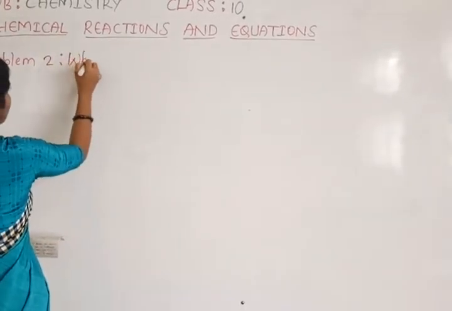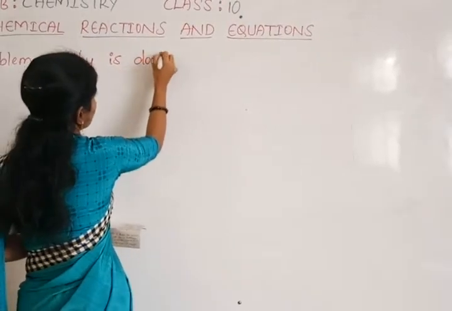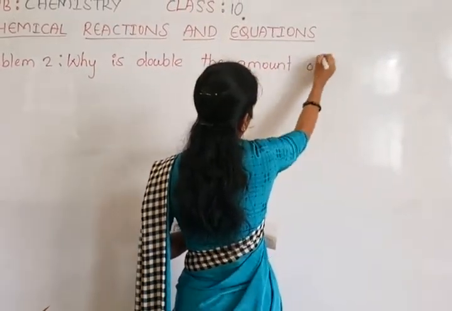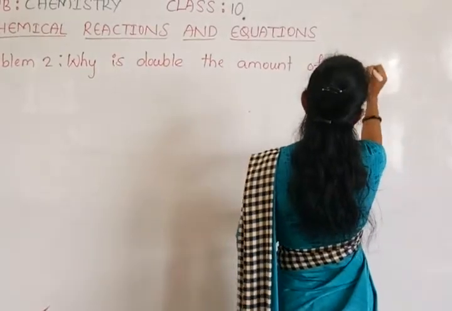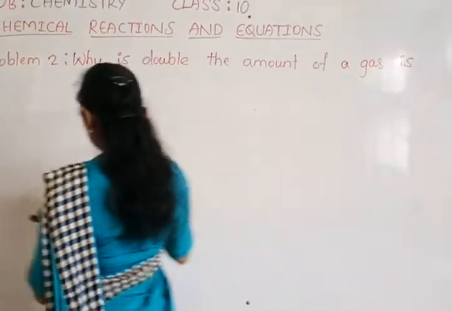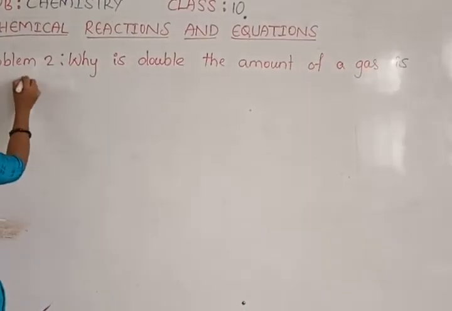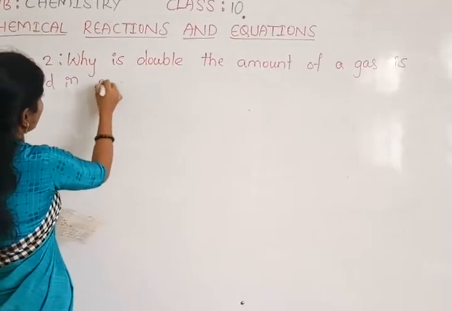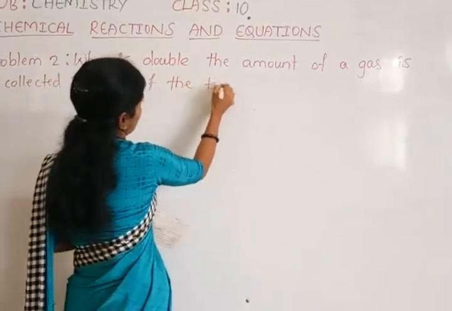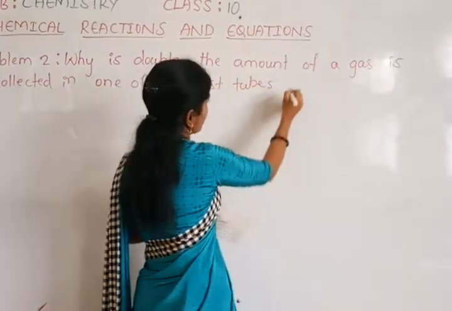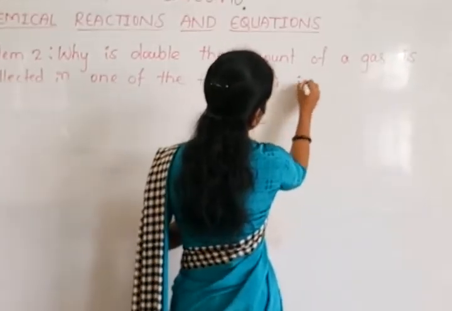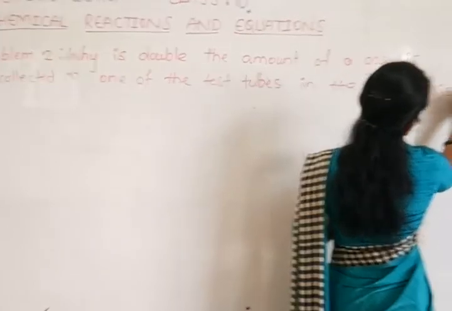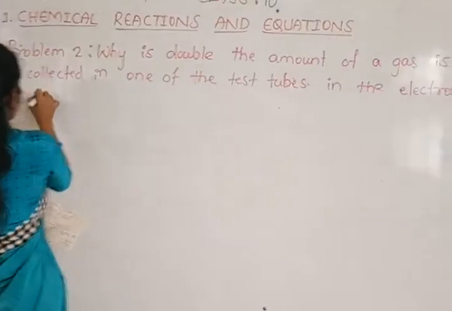Why is double the amount of a gas collected in one of the test tubes in the electrolysis of water experiment?